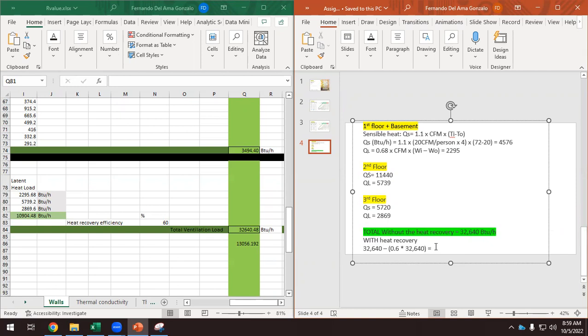But this is the same as the original value times 40%. Okay, so that's what I did in the second cell. I just applied 1 minus the efficiency times the total load.